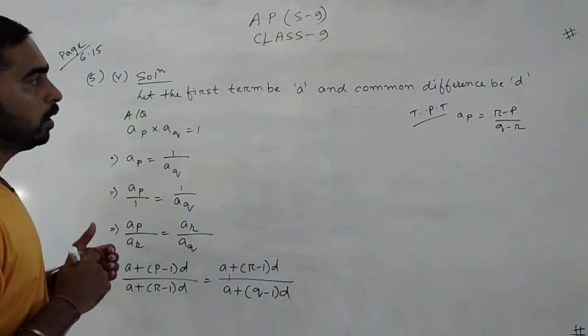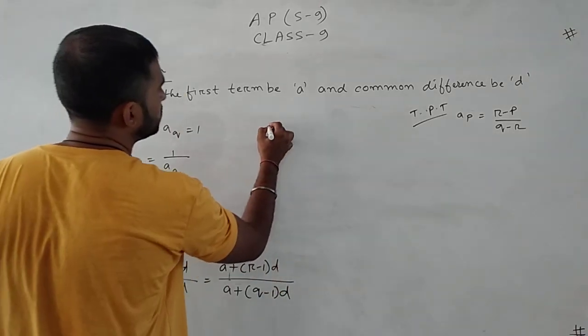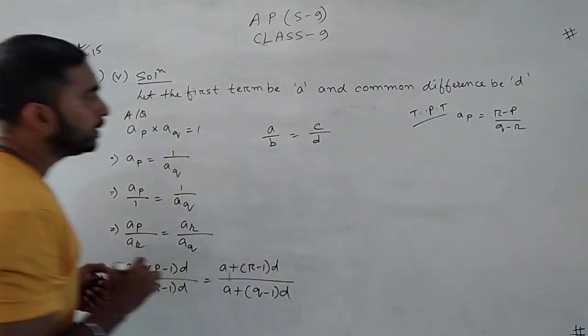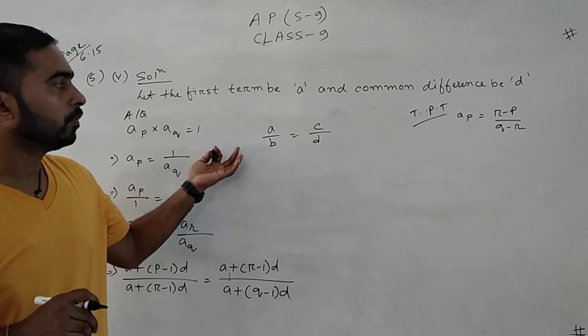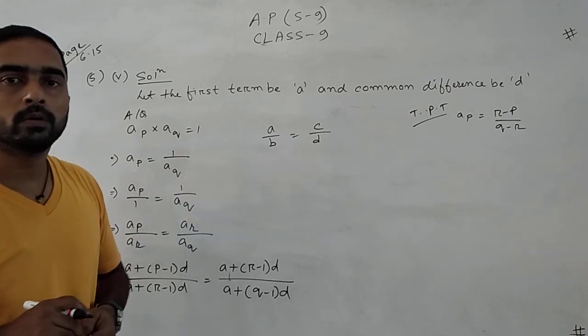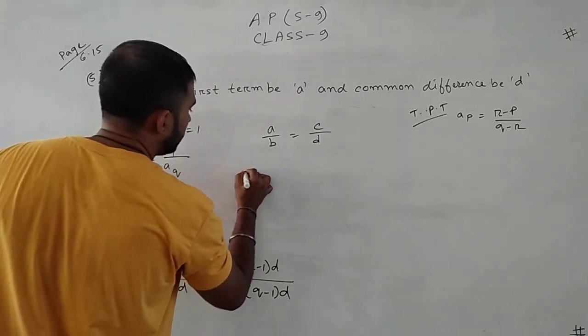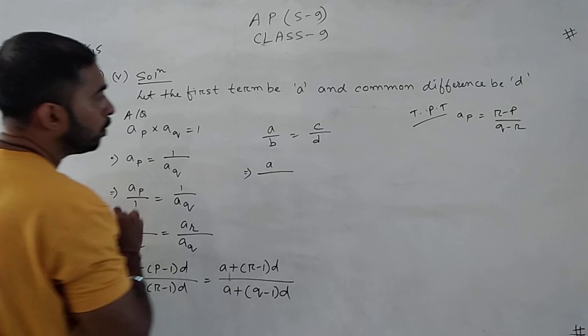Now there is a law in case of ratio. What is the law of proportion? Suppose a by b equal to c by d. If a by b equal to c by d, there are lots of properties: invertendo, convertendo, alternando, componendo and dividendo. Here we use one of those properties, that is dividendo.